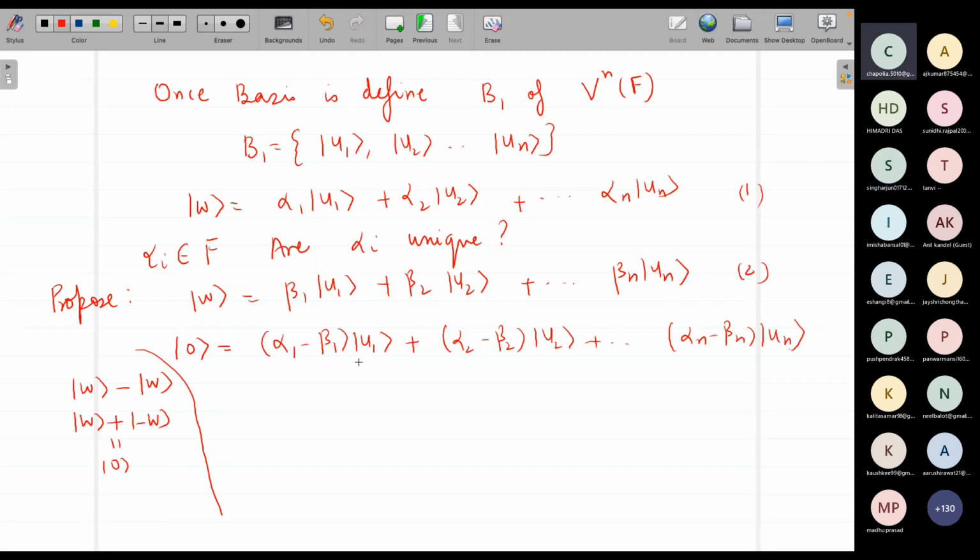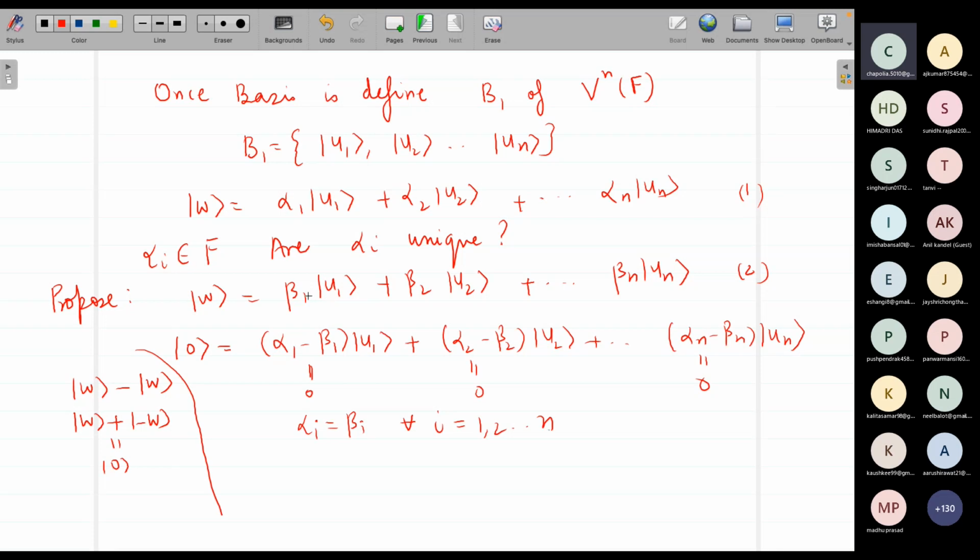Hence, the coefficients of these U1, U2, Un have to be identically equal to 0. There is no other way. This is from the linearly independent set definition. This means that alpha i is equal to beta i for all i going from 1 to n.